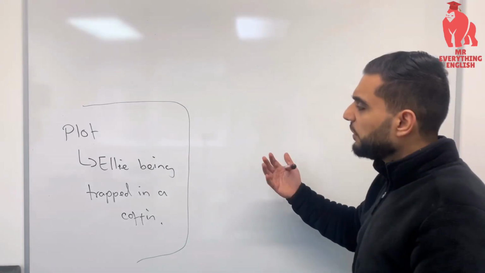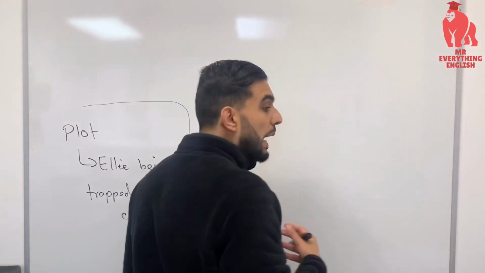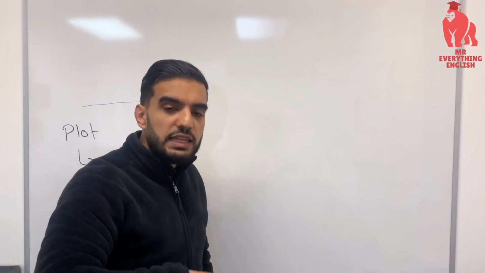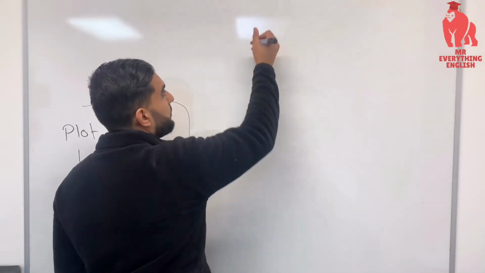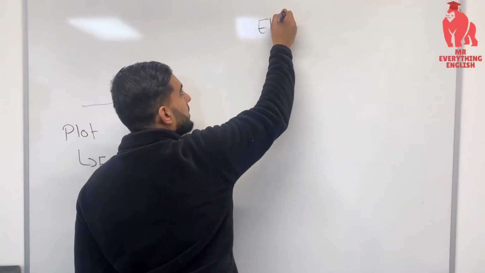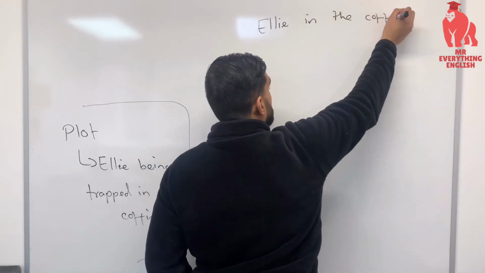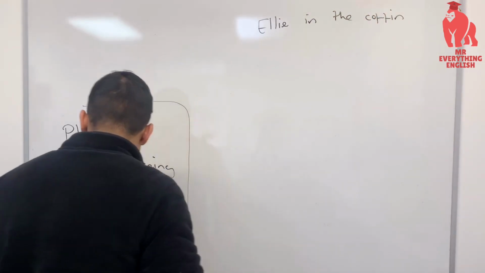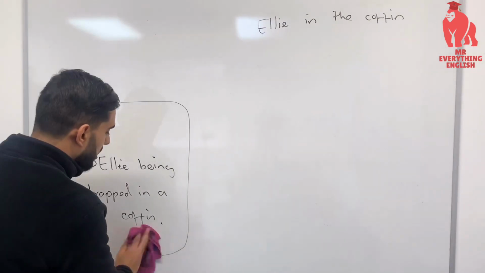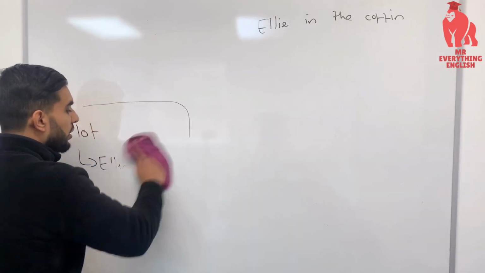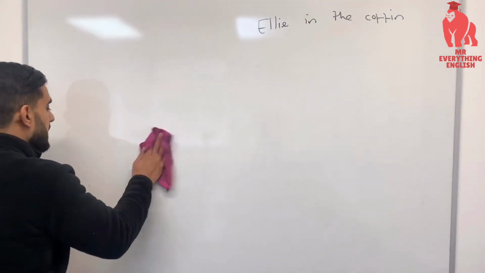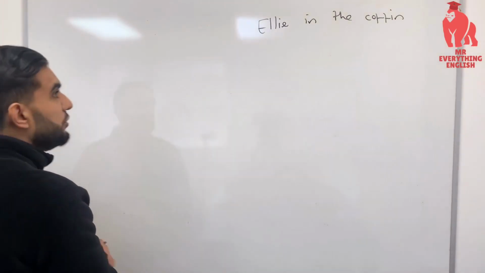So guys, in the first paragraph, I would begin my story with Ellie inside the coffin. So my first paragraph will be Ellie in the coffin. So that is my first paragraph. I'm not going to waste time. I'm going to get straight in there with her being trapped in the coffin. But I'm going to reveal 2 things.